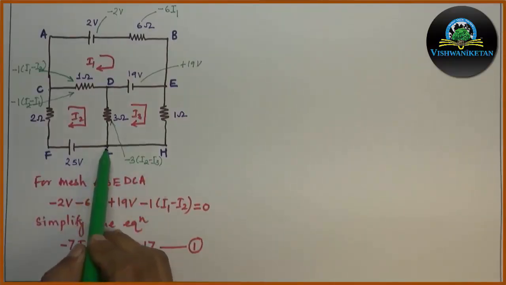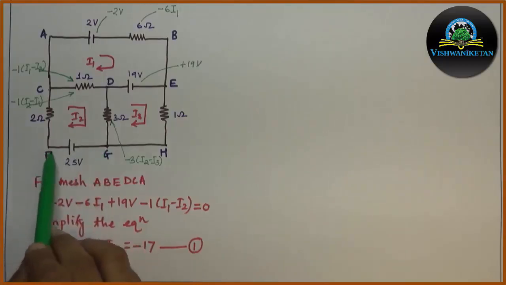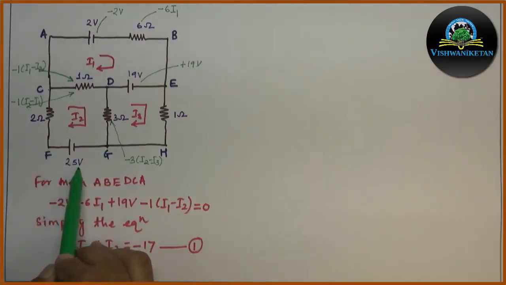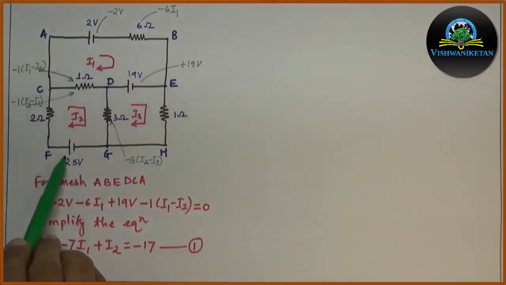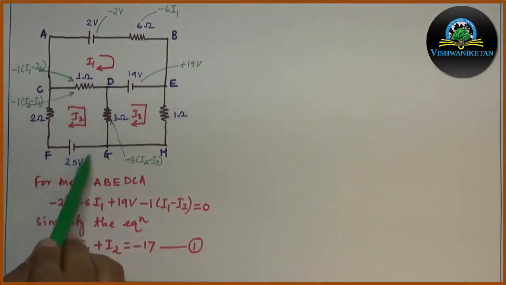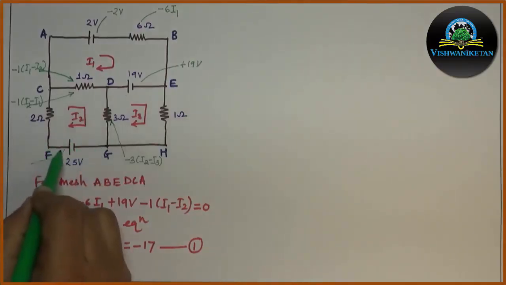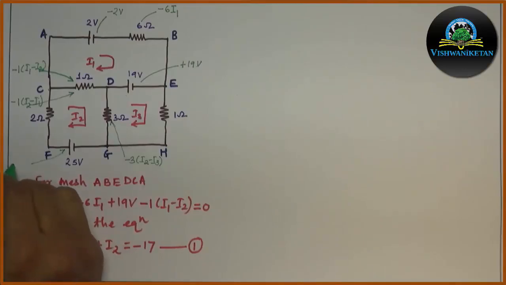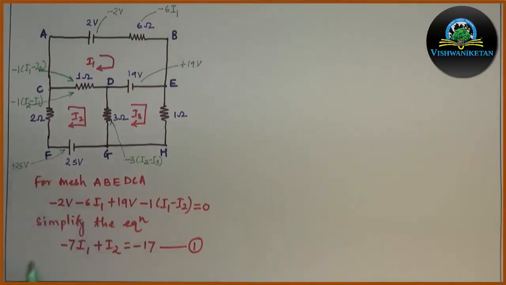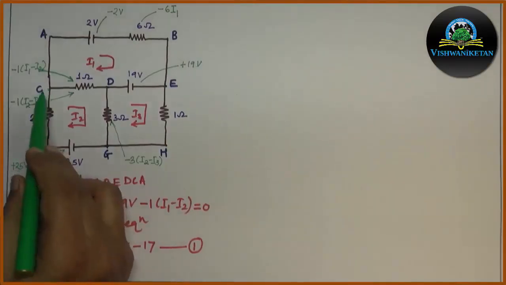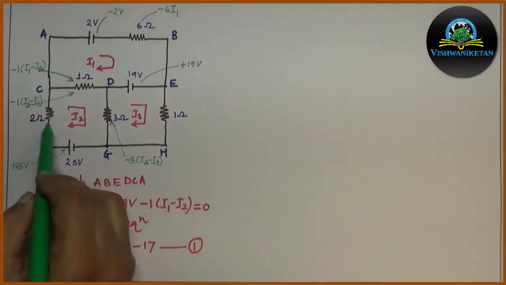Next we move from G to F. From G to F, there is a battery of 25 volt. The first terminal appears to be negative and the second terminal appears to be positive from G to F. Hence, there is an increase in voltage from negative to positive. So, for this, we have to consider plus 25 volt. Then, from F to C, we have a resistance of 2 ohm.